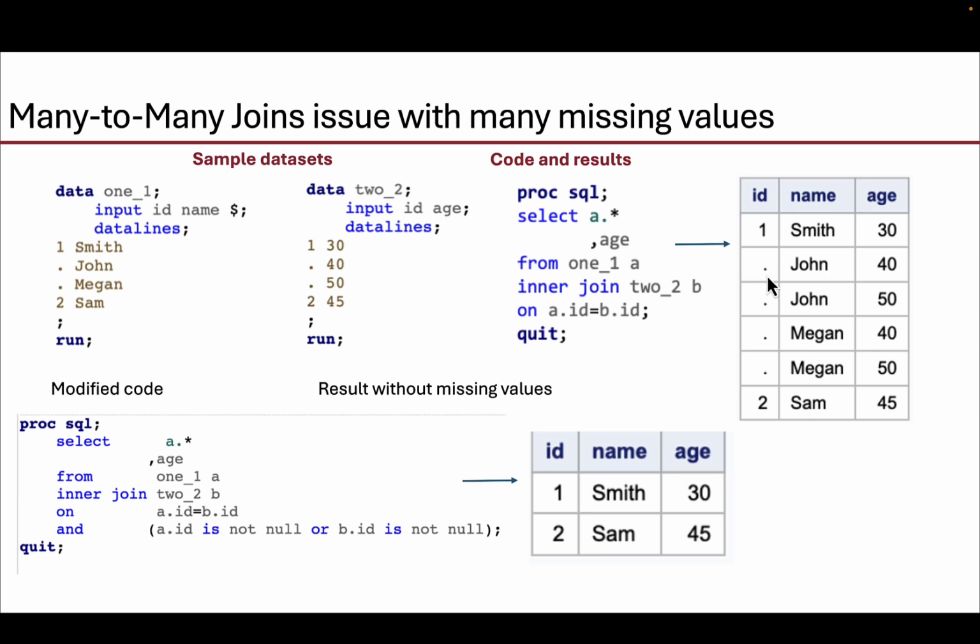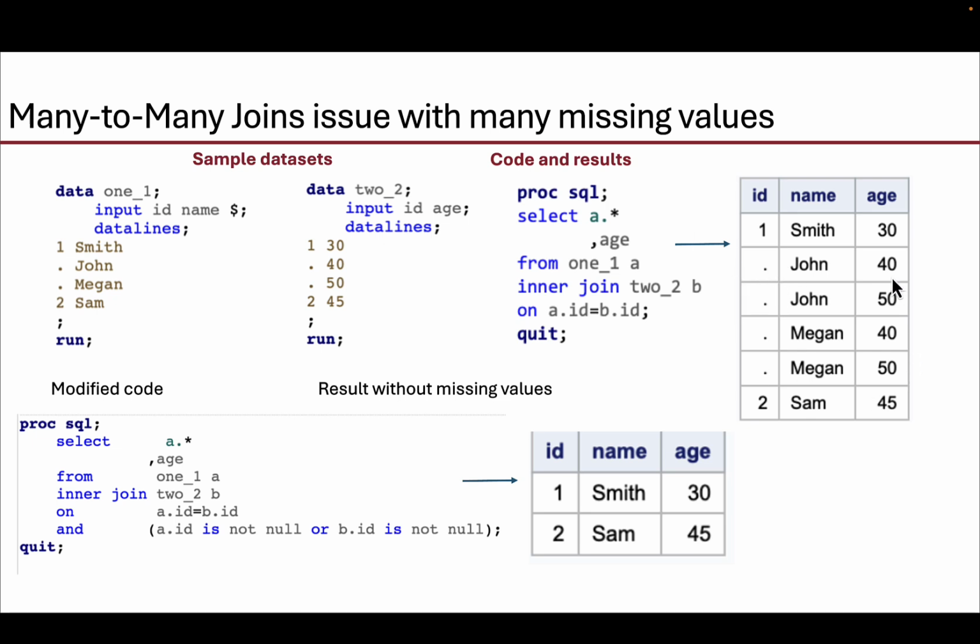Now let us try to understand why this happens. We have 2 missing values here and 2 missing values here. Each of them is equivalent to each other, if we have many values which are the same in one table compared to the other table. So the problem here is when we have many missing values here and many missing values here, we are going to get many to many joins and a result like this.